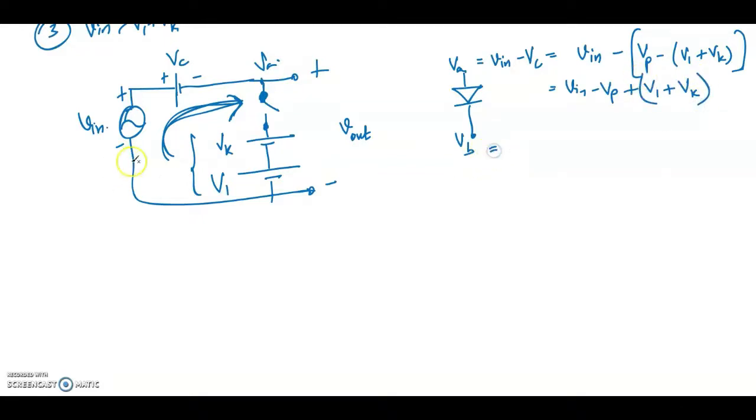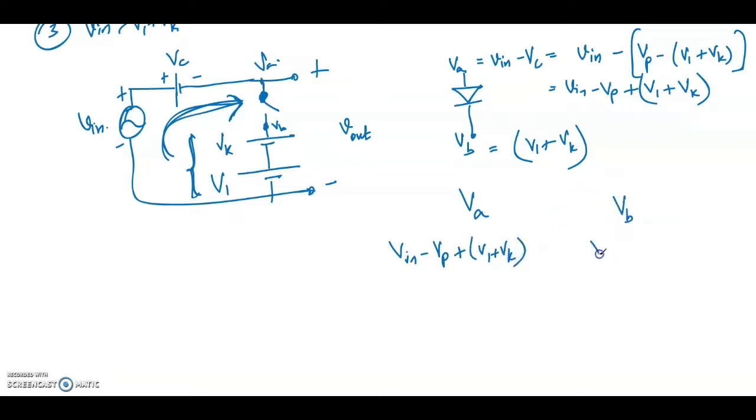What is Vb equal to? As you can see here, this is Vb. Vb is equal to V1 plus Vk. Straightforward. Which one is greater? Va is equal to Vn minus Vp plus V1 plus Vk. What is Vb? V1 plus Vk. Which one is greater? Which one is less?